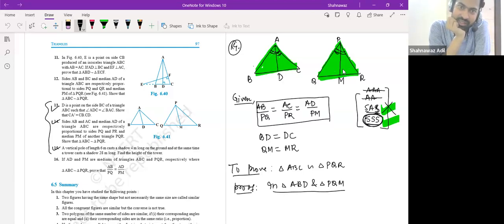It's already given: AB by PQ equals AC by PR equals AD by PM. So how can we use this information? We don't have any other. Okay, now I understand.